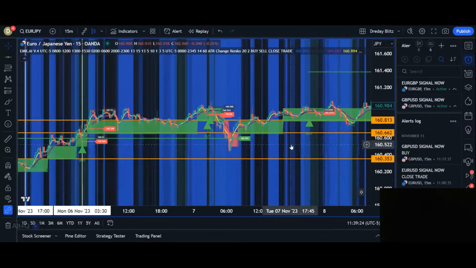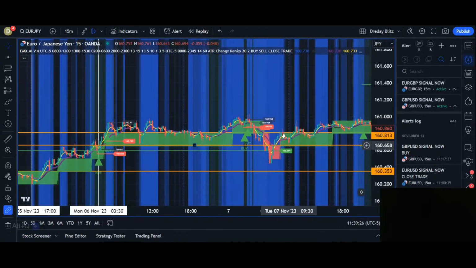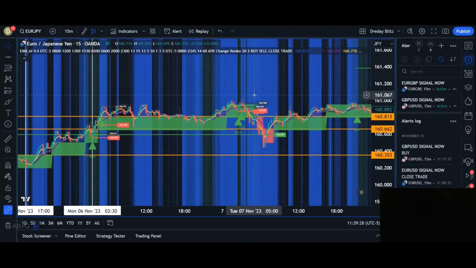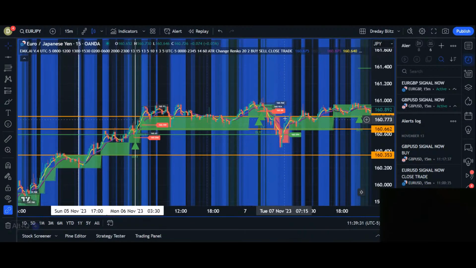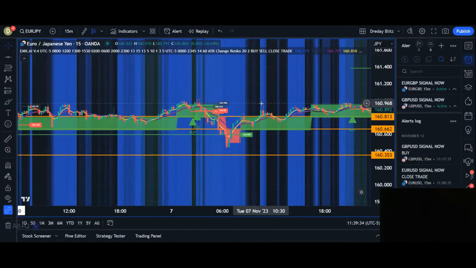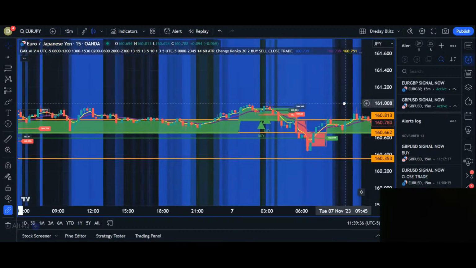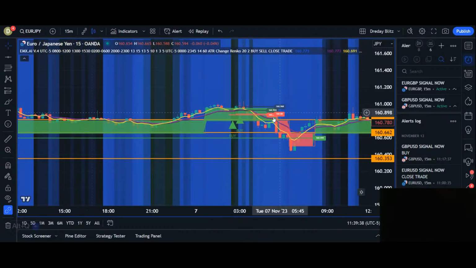So when did the trend change? The trend changed right here. It's going to zoom in so you can see. So right here, this is the time that the trend changed.